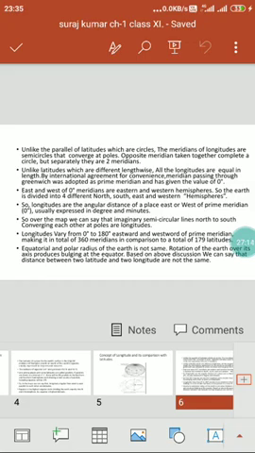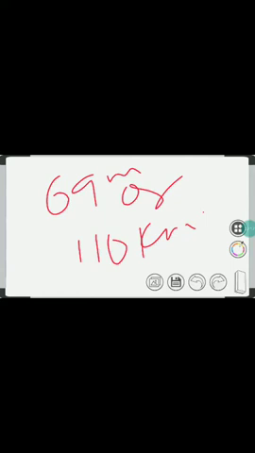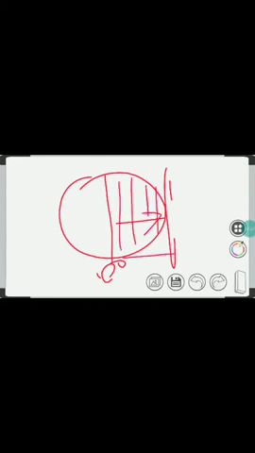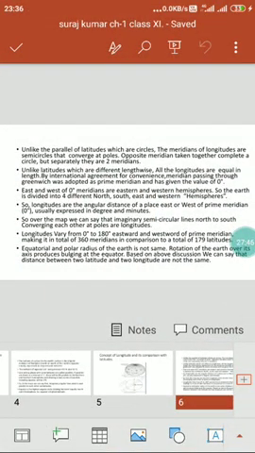Before I stop, I want to say one more thing: 0 degree by convention is taken as 0 degree passing through Greenwich, London, and towards the eastern side of it is approximately 180 degrees eastern longitude and 180 degrees western longitude, total number of longitudes 360. So the total number of longitudes is 360, and longitudes are not parallel, the distance varies, all these things have been cleared.